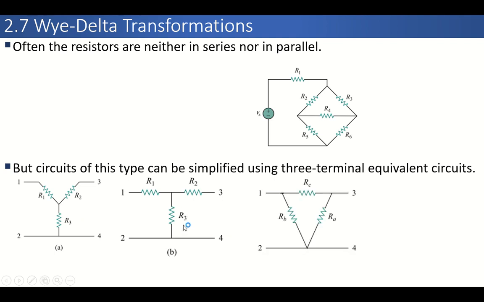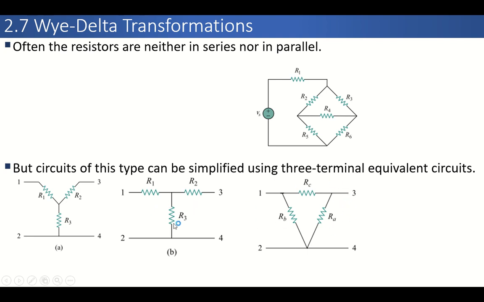We can convert this network into its equivalent network, which is known as a delta network. Again, you can see from the shape that this network is just like a delta. Still we have terminals 1, 2, 3, and 4. Here we have used different notations as compared to the Y network. Let's assume that the resistances are Ra, Rb, and Rc, connected in the clockwise direction.